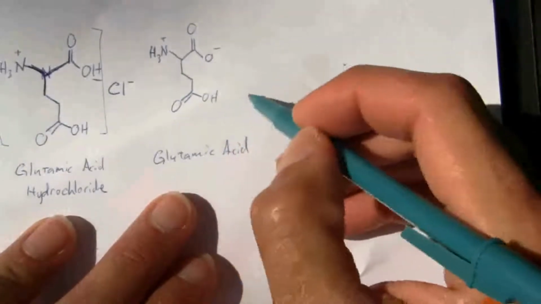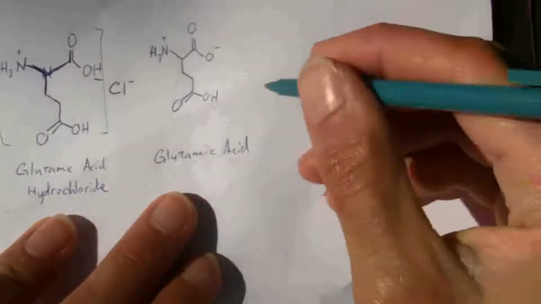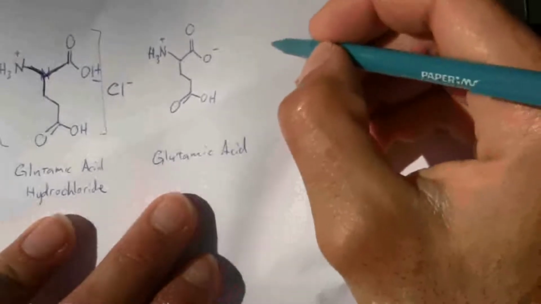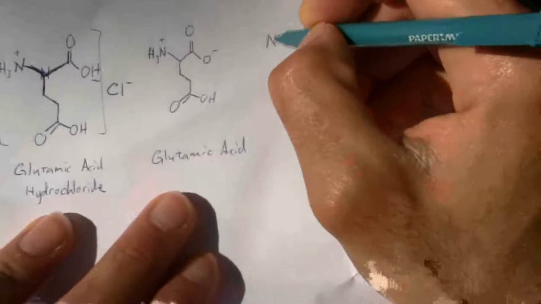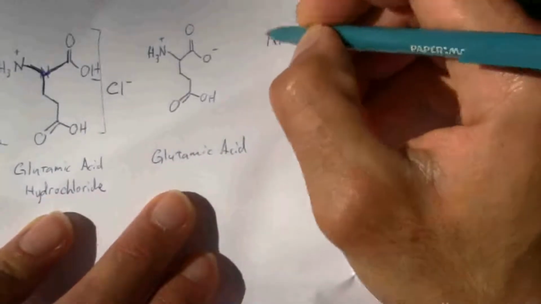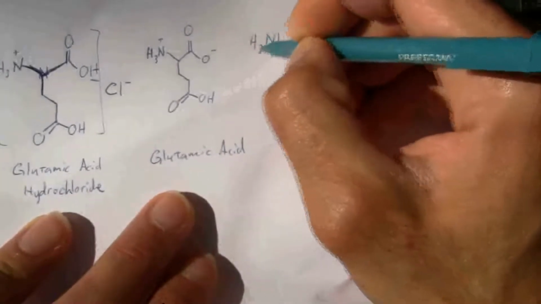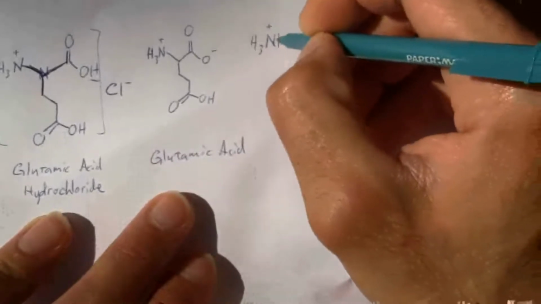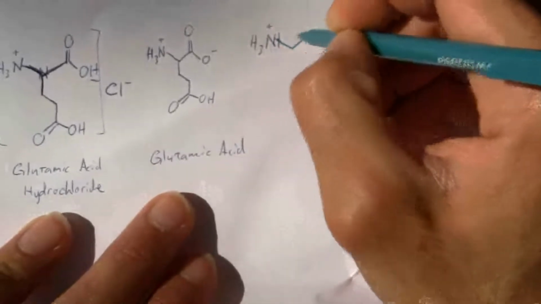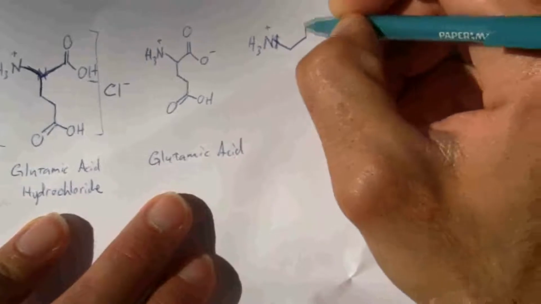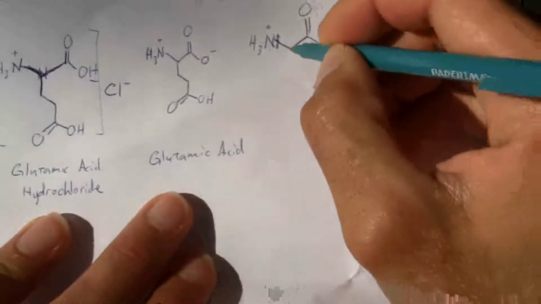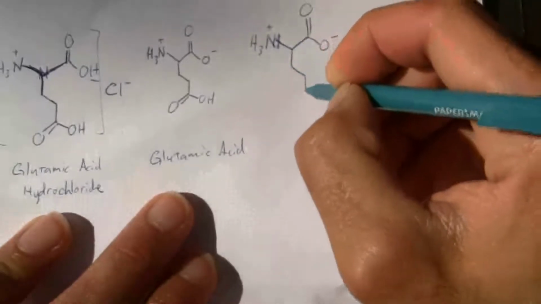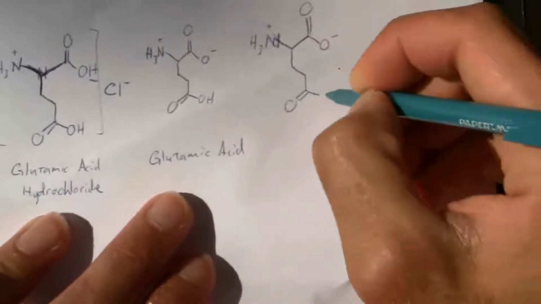This can also give up a proton if the conditions are right, and we'll have something that looks like this. We have our NH3 with the positive charge, and then the O negative, and then over here we have another O negative.